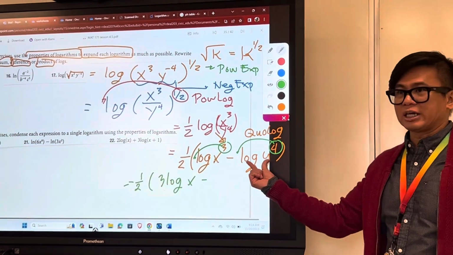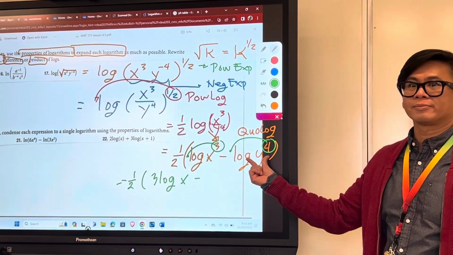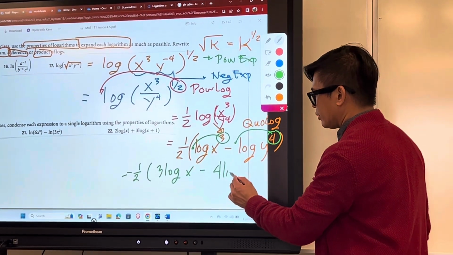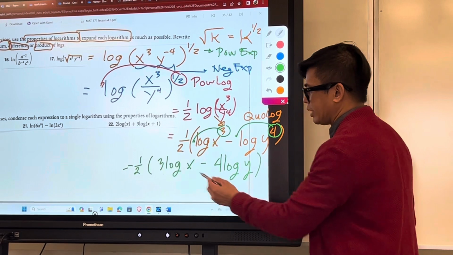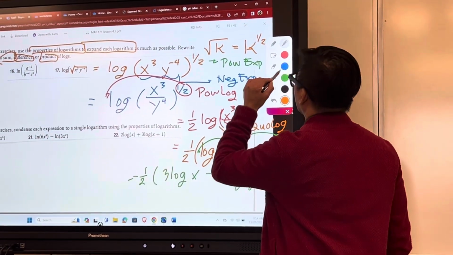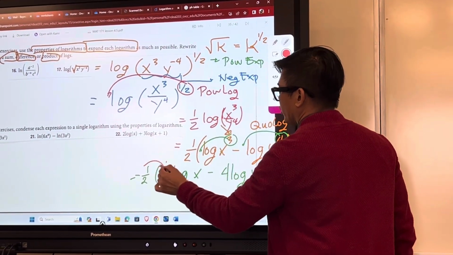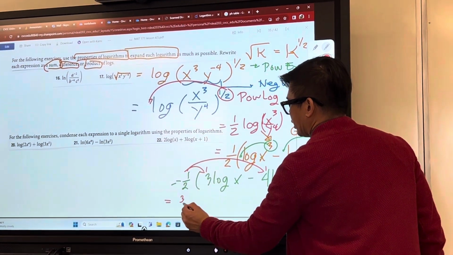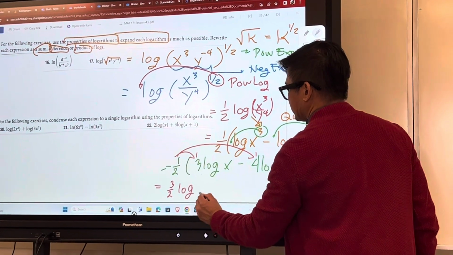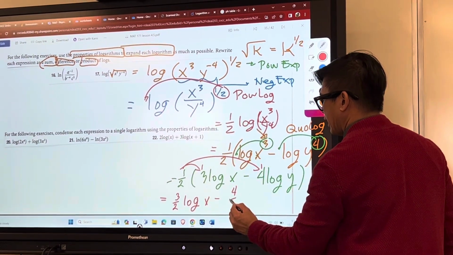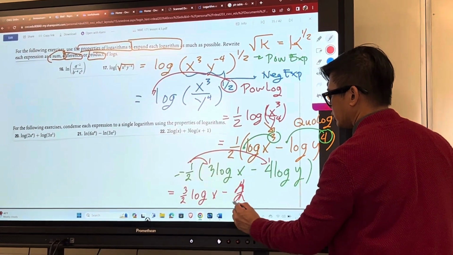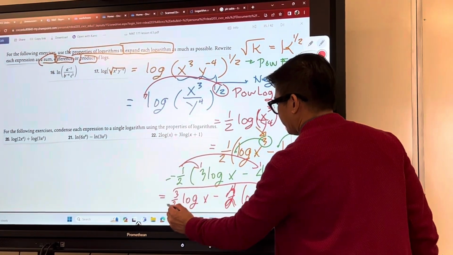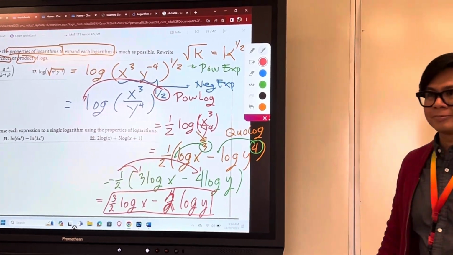Minus, log of y to the fourth can be written as 4 log y. There we go. We're almost done. Basically, just distribute the 1/2 on the 3 and on the negative, and that's our answer: 3/2 log x minus 4/2, or basically just 2, log y. And that's the final answer.